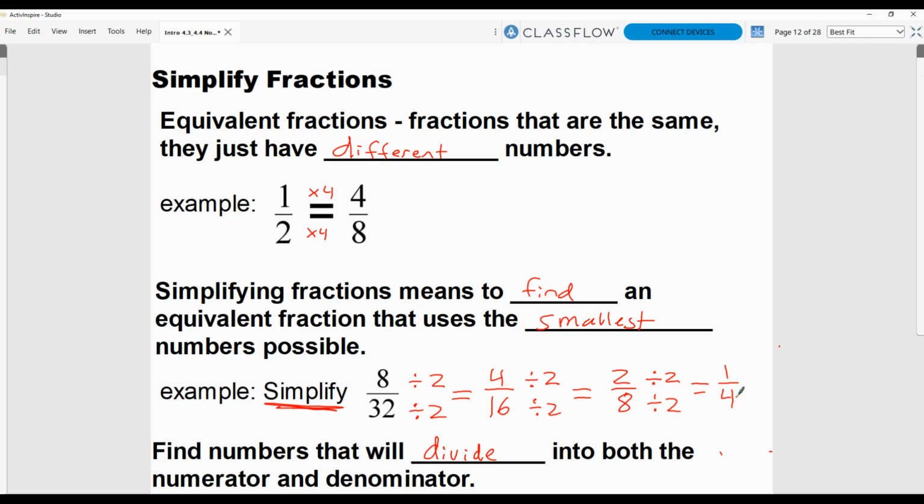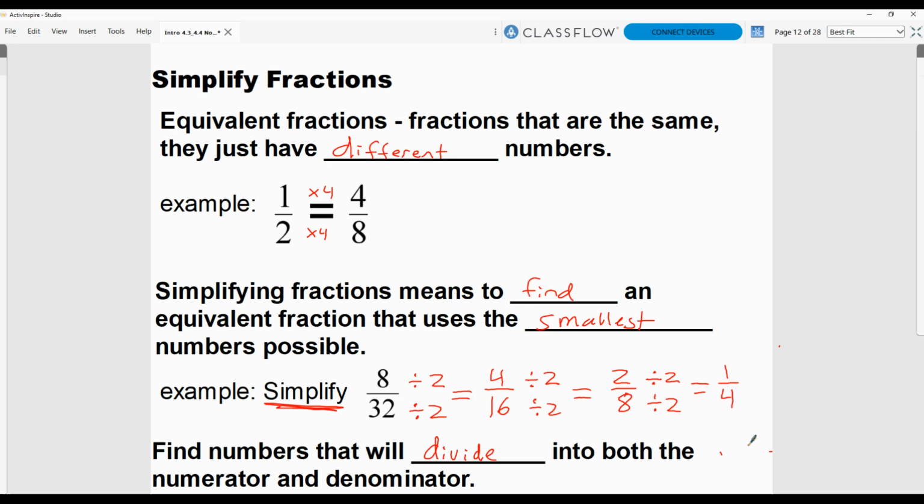All right, and we can check if we have simplified all the way, like if this is the simplest fraction we can make that is equal to 8 over 32, is if we are not able to divide these two numbers anymore.